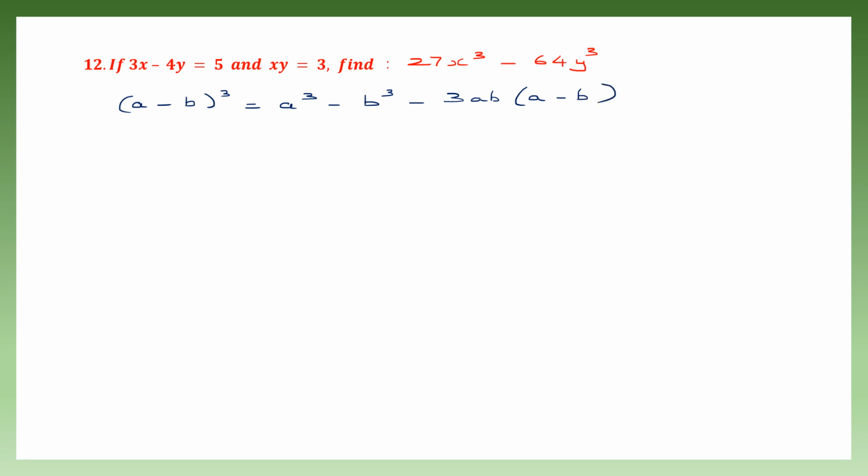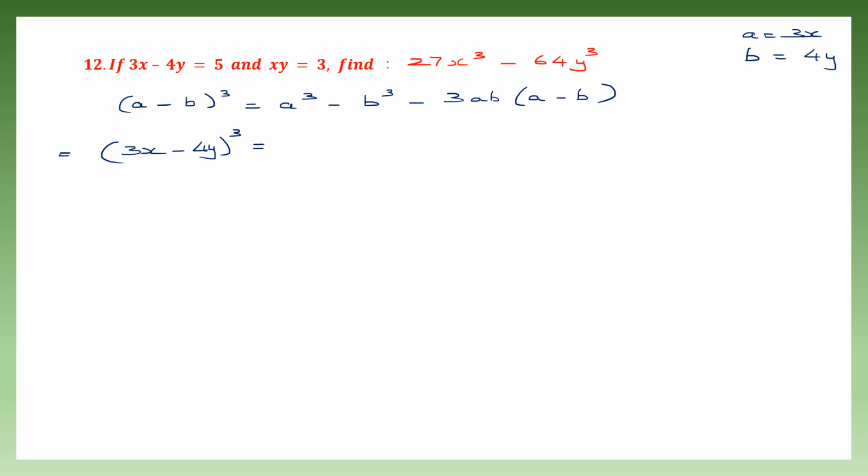So now let's substitute. Now here a minus b is (3x minus 4y) cube. Now a cube: a is 3x, remember that the first term, and b is 4y.